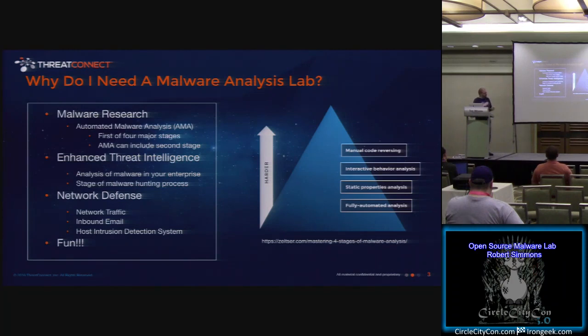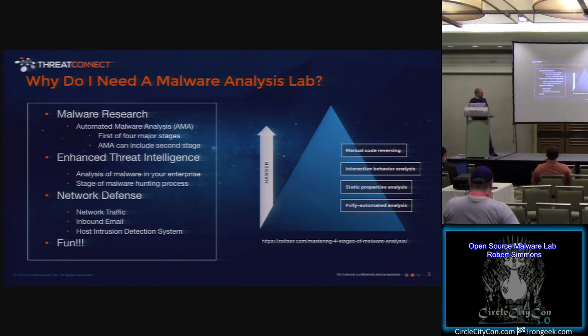So what are some of the other things you can do with a malware analysis lab? You can enhance your threat intelligence. So if you have certain malware binaries that you've collected from your own enterprise, or you find some in a blog post somewhere, you can process it yourself and either confirm the research of someone else or enhance the research and get more C2 IP addresses or more features from the malware.